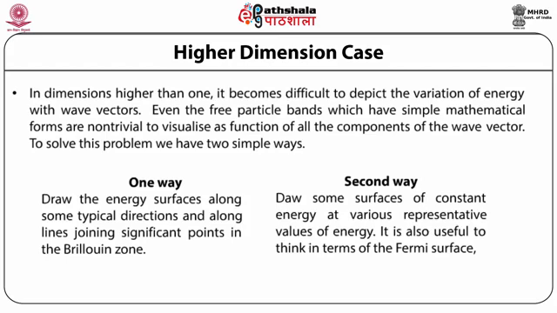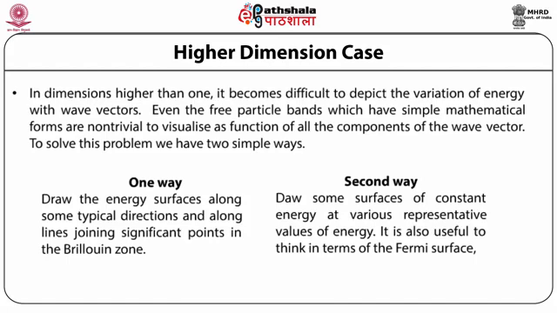One way is to draw them along some typical directions and along lines joining significant points in the Brillouin zone. The other way is to draw some surfaces of constant energy at various representative values of energy.